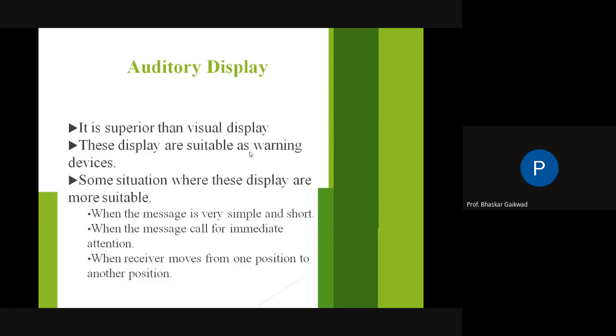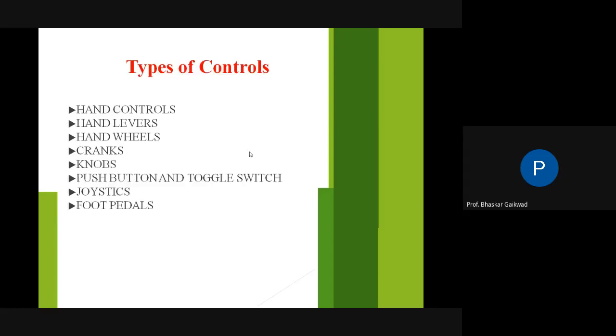The message calls for immediate action. Fire brigade vehicles are examples. Here are the auditory types of displays. Receivers will move from one position to another; it is one of the types of mobile auditory display.